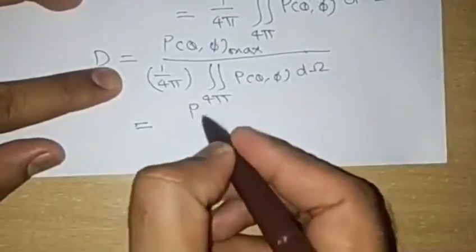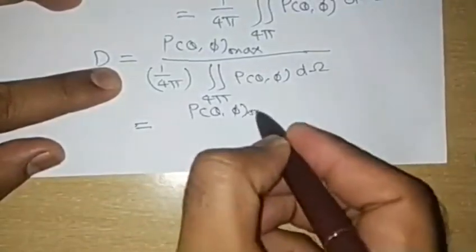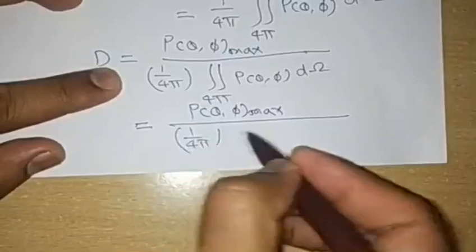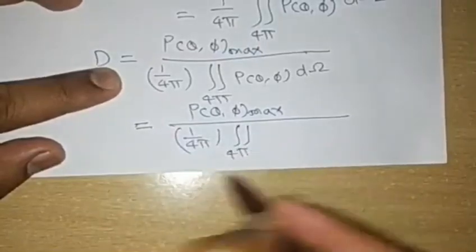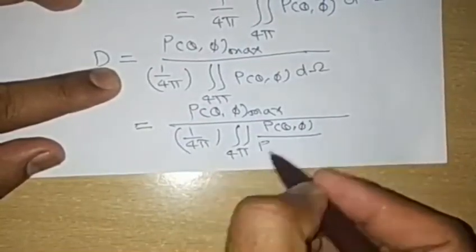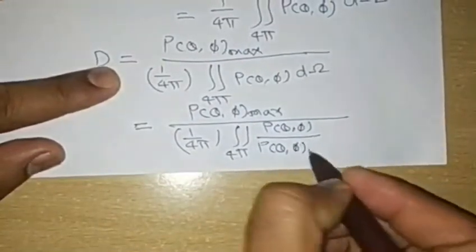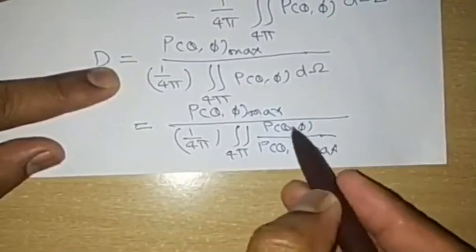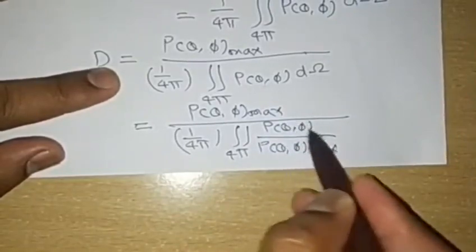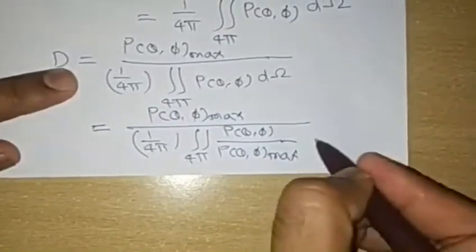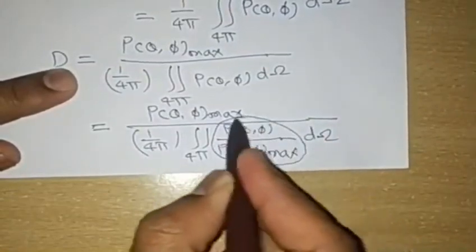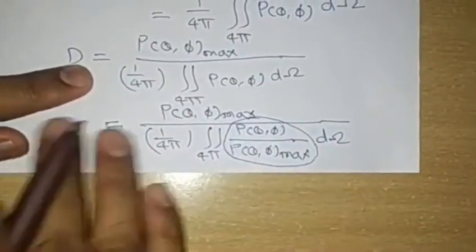The equation becomes P of theta comma phi max divided by 1 upon 4 pi integral over the surface of sphere P of theta comma phi divided by P of theta comma phi max. By dividing the power radiated by an antenna by its maximum value, we are actually obtaining the normalized power into d omega. So this whole term here will become Pn of theta comma phi.